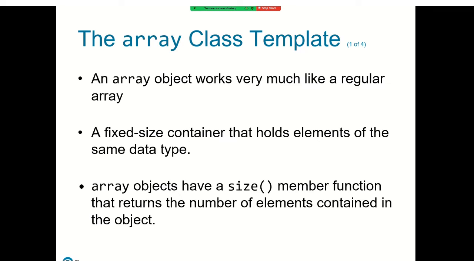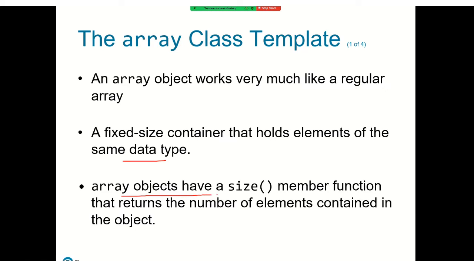Now let's try to solve some problems using arrays. An array object works very much like a regular array. As I said, it's a regular collection of elements. It's pretty simple. It's a fixed size container that holds elements of the same data type.